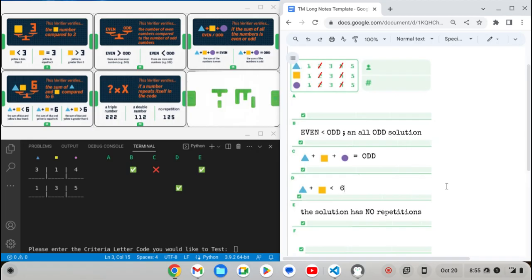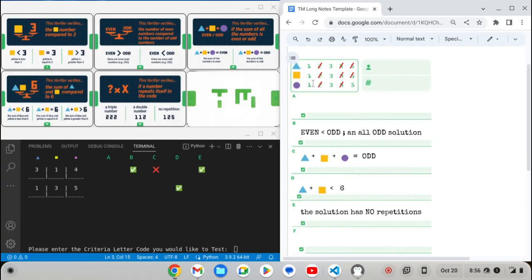Well, in order for the sum to be less than 6, actually you can't have either triangle or square be a 5. And that's because if you add up 5 to even the smallest of 1, that's already 6 or greater. So I think that pretty much solidifies circle having to be a 5.